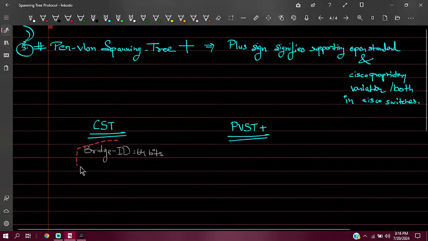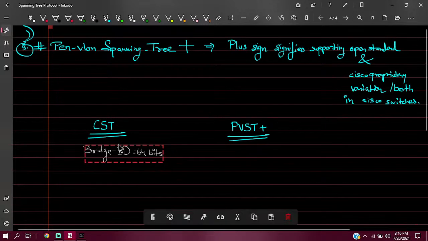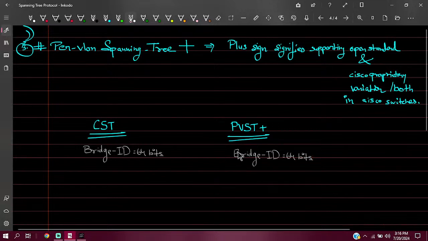In PVST plus also, the size has not been changed. Here, bridge ID was comprised of two entities. One was your priority, and the other one was the base MAC address of the switch. The priority was of 16 bits and base MAC was of 48 bits, right?